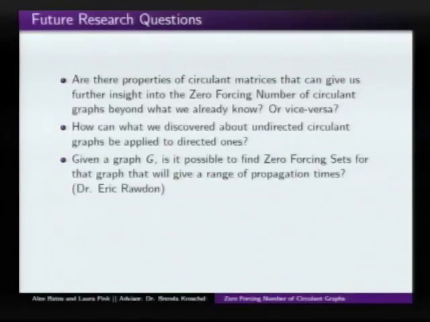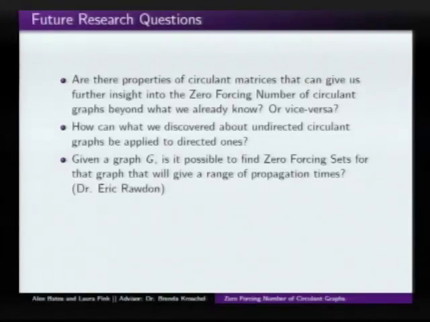This question was posed by Dr. Rodden in the math department. Given a graph G, is it possible to find zero forcing sets for that graph that will give us a range of propagation times? We know that the smallest the propagation time could be is 1. That's if we just had every vertex blue and left one white.